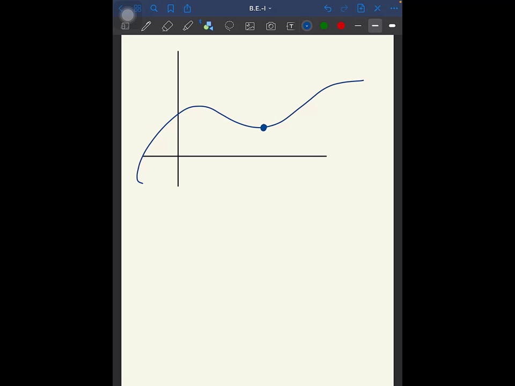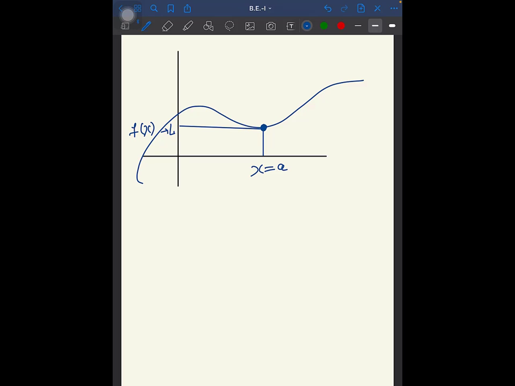Let's say this point is a, and your limit is exactly going to be the functional value. So this is your, let's say, L, at x equal to a, and this is your f of x, because this function is pretty nice.